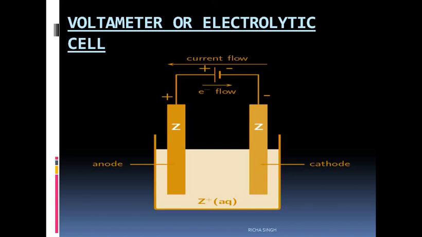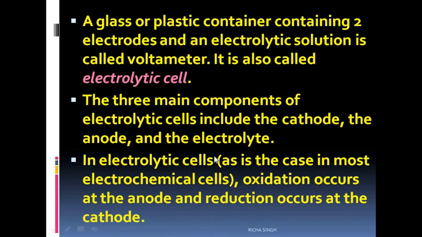As you can see here, there is a trough containing an aqueous solution, meaning the solution has been made in water, and it is an electrolyte because it has charge. Then there are two electrodes, anode and cathode, connected to the positive and negative terminals respectively, and the current is flowing. So this whole setup is said to be a voltameter or an electrolytic cell. A glass or plastic container having two electrodes is called a voltameter or electrolytic cell.